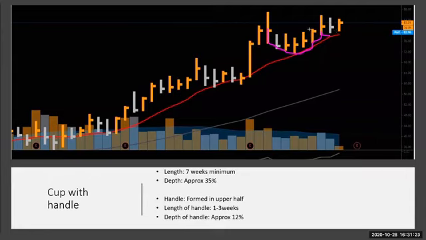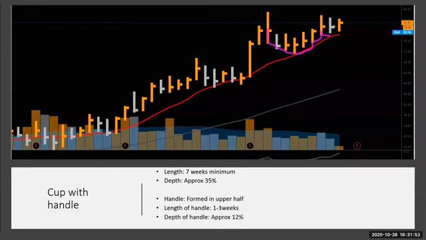If you have, say, a 15-week cup, then you would still look for a maximum of a 3-week handle. If it starts to get longer than that, then it starts to turn into its own base. But really, you're looking for the handle to be anywhere between 1 and 3 weeks long, and the depth of the handle should be approximately 12%.